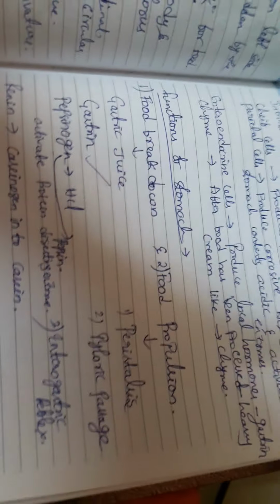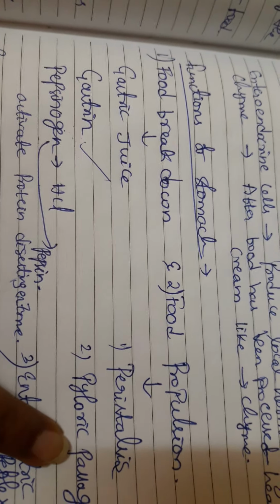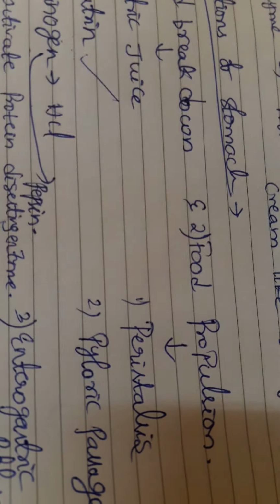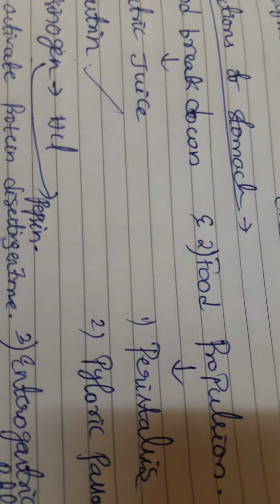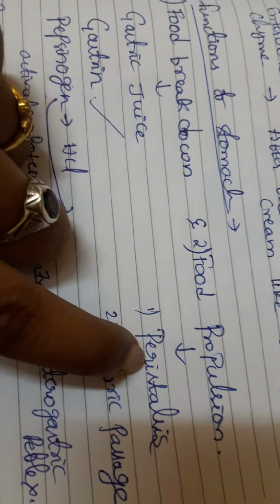So once the food is completely mixed with the gastric juices, peristalsis begins in the upper half of the stomach, and the contractions increase the force moving the food towards the pyloric valve.